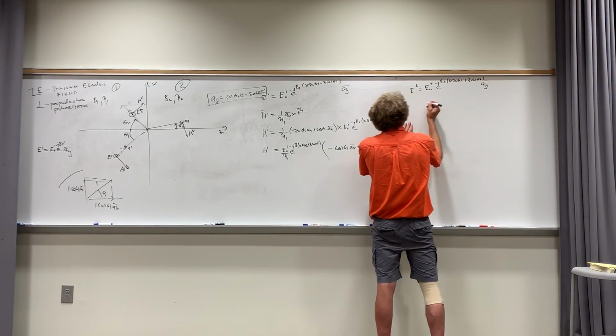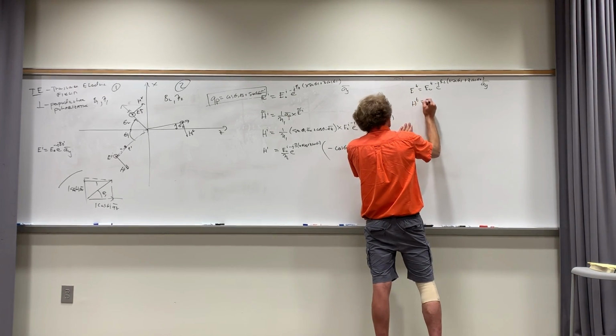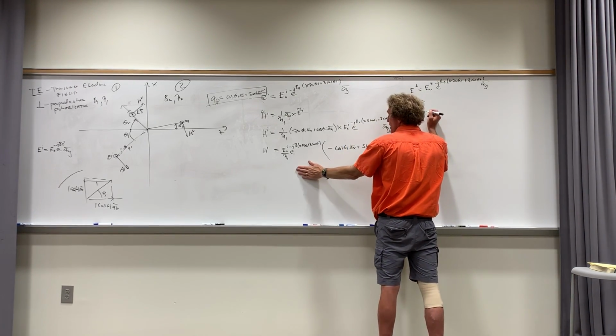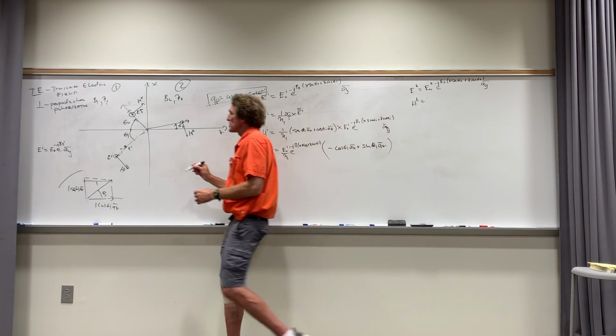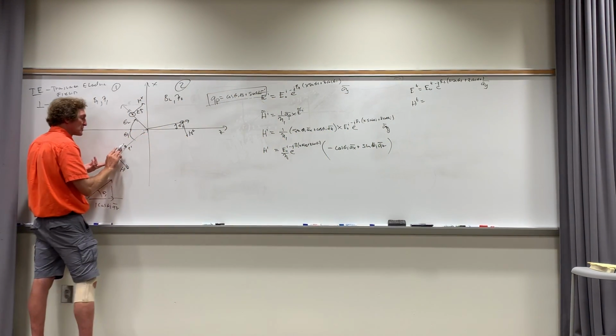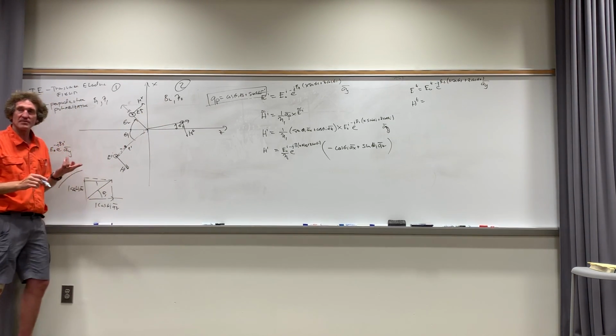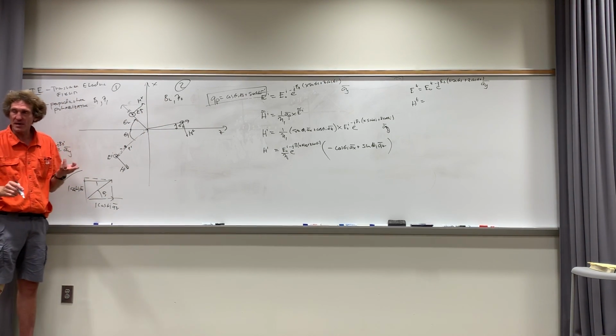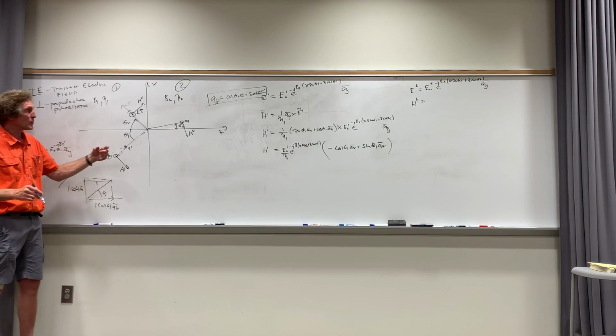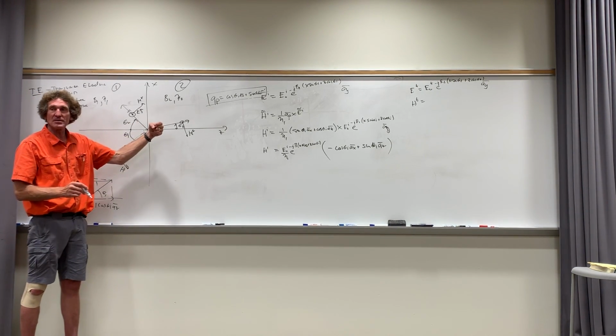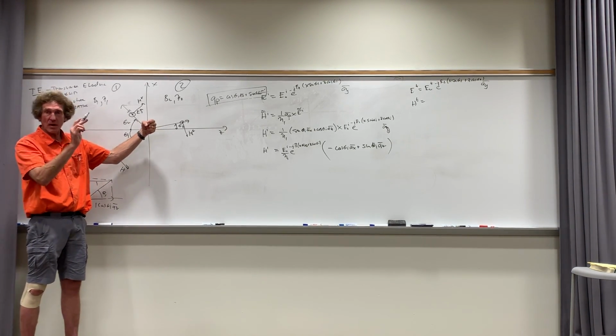That's E transmitted. H transmitted will be the same as this. The reason I know that is because the relative direction for the E field's propagation is upward. It's in the positive x, or positive z, and the orientation is out of the board. Here it's the same thing. E field's out of the board, it's propagating upward, positive z, positive x.